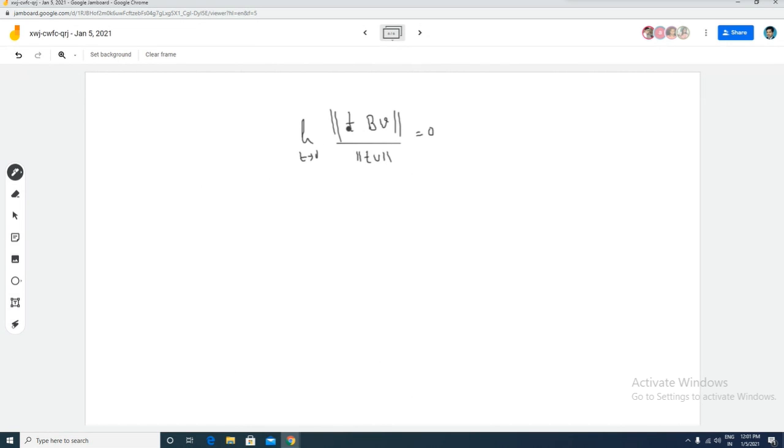Now from the norm you can bring out mod of t, and from here also t, and now this t will cancel out. What will you get? This is simply bv, and below modulus of t into norm of v, but v is a unit vector, so therefore bv is equal to 0.